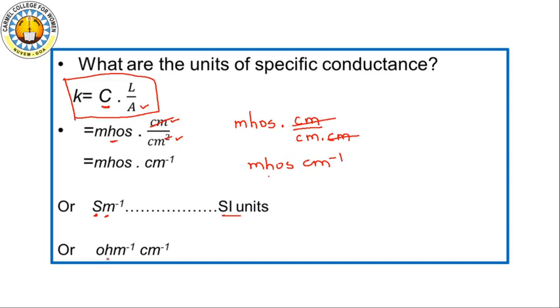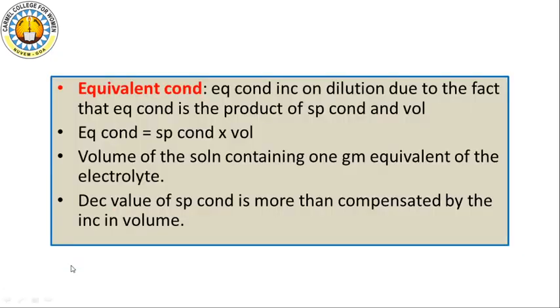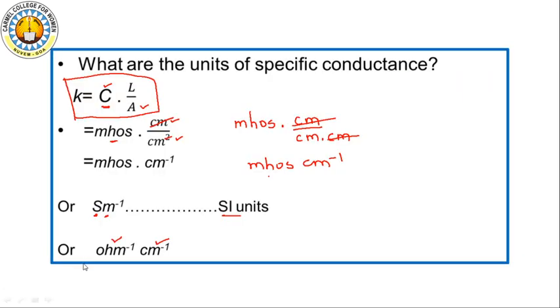We have said the unit of conductance here, so the unit of conductance we can also write as ohm inverse. We have just studied that, and this is centimeter inverse. So the other unit is ohm inverse centimeter inverse. So till here will be our lecture number 1.